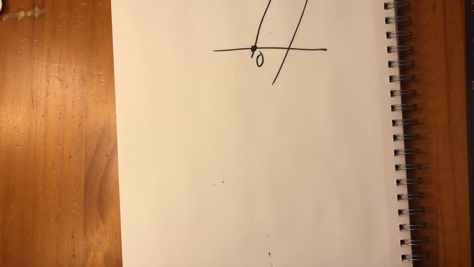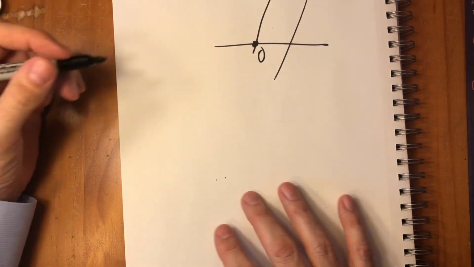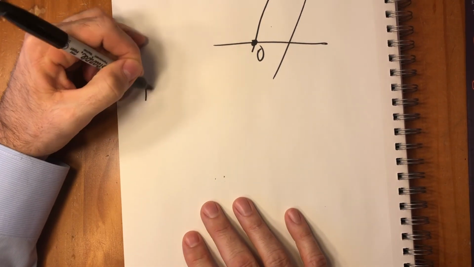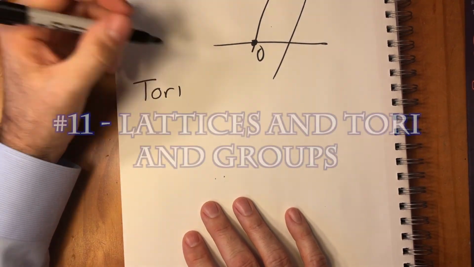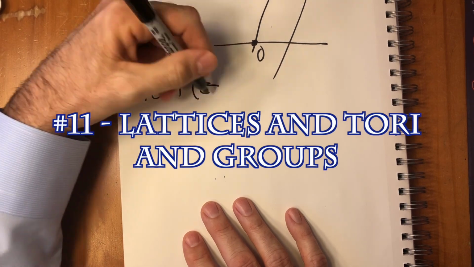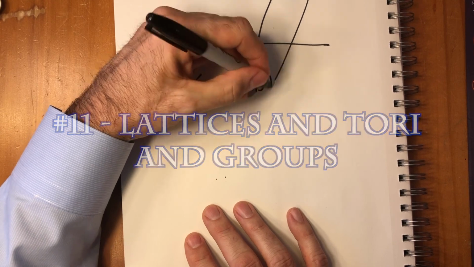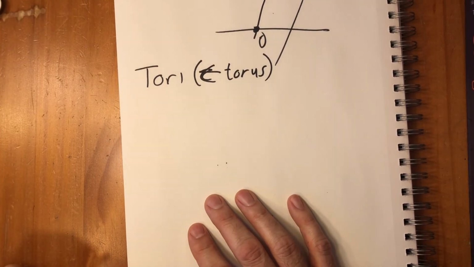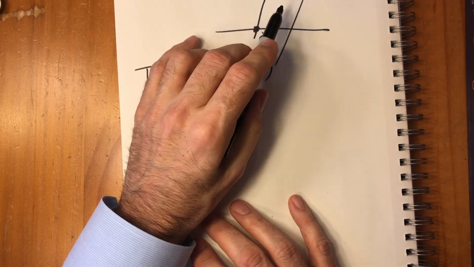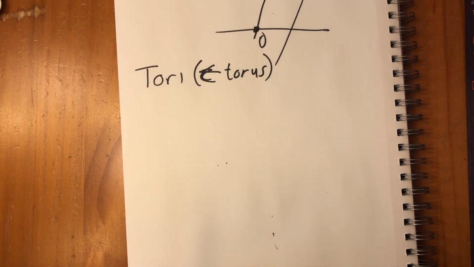Okay, so the next thing that I want to tell you about is tori, that's a fun word, of course, the plural of torus. A lattice is the same thing as a torus.